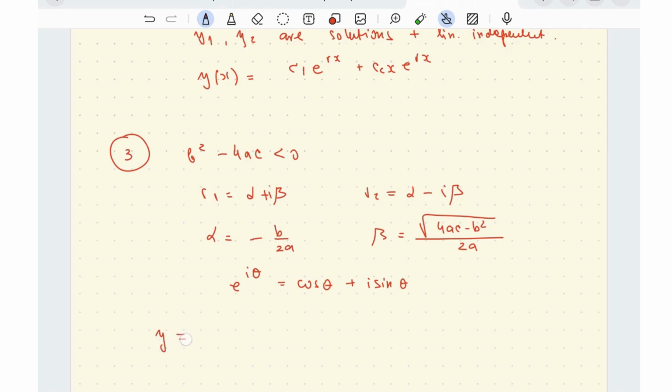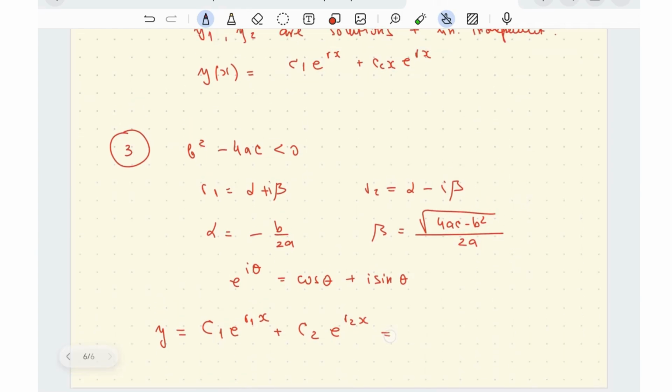So then y is c1 e to the power r1x plus c2 e to the power r2x. Now let us substitute. So c1 e to the power (alpha plus i beta)x, and c2 e to the power (alpha minus i beta)x.